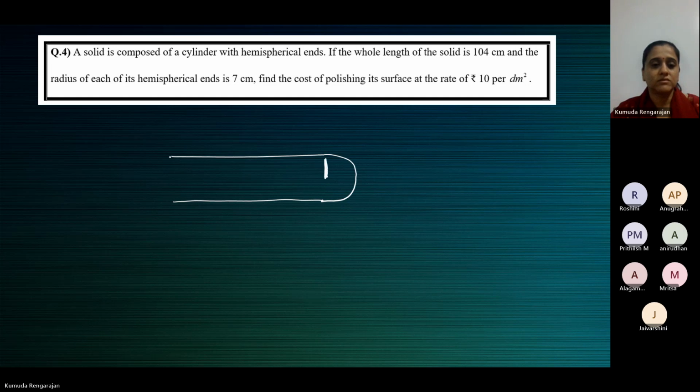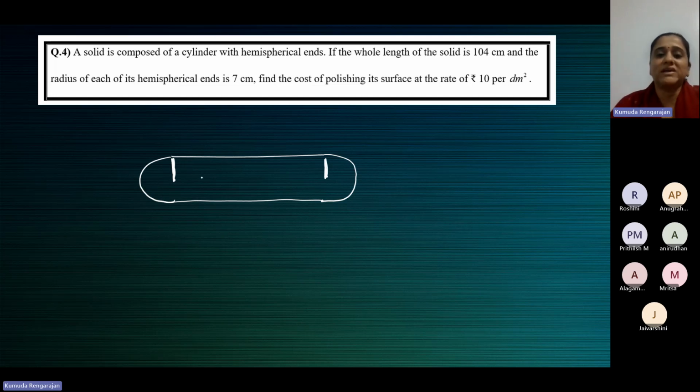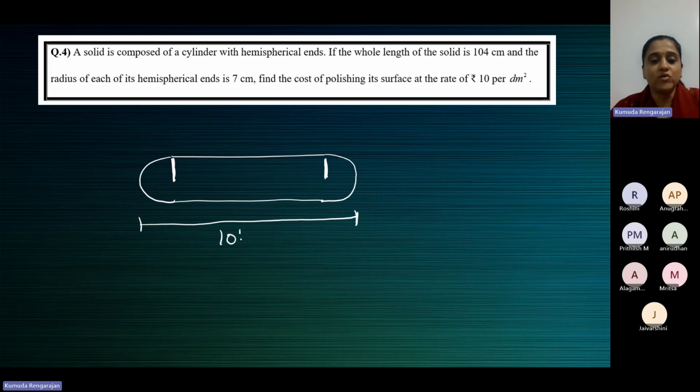If the whole length of the solid is 104 centimeters, and the radius of each hemispherical end is 7 centimeters, find the cost of polishing its surface at the rate of ₹10 per decimeter square.